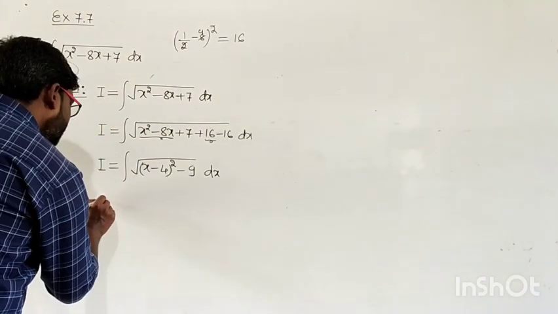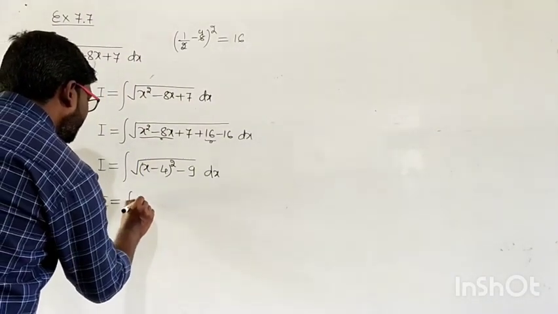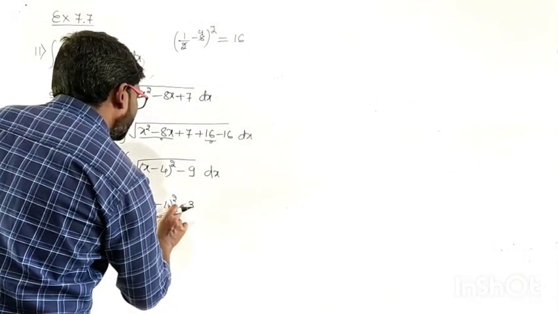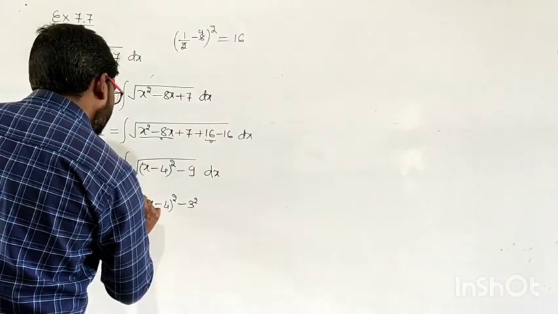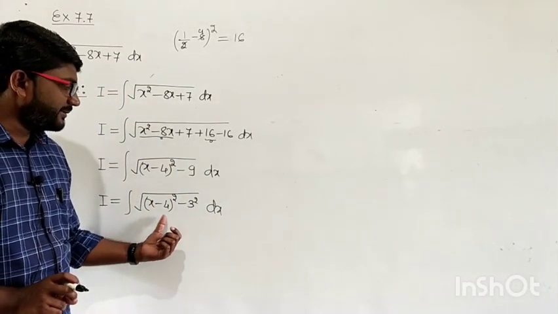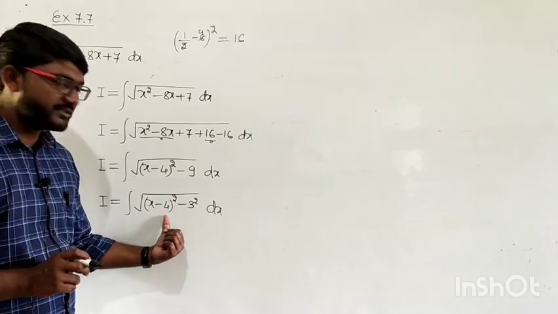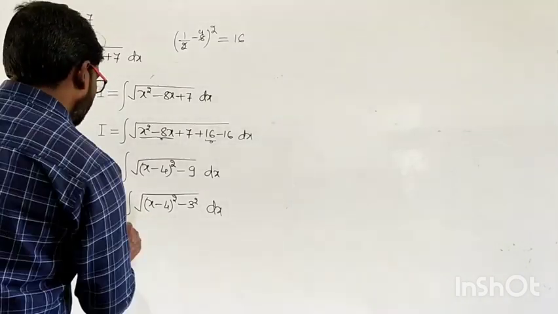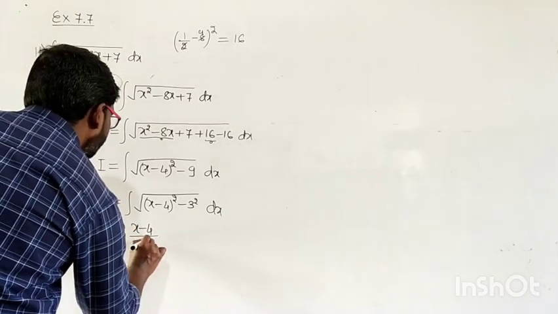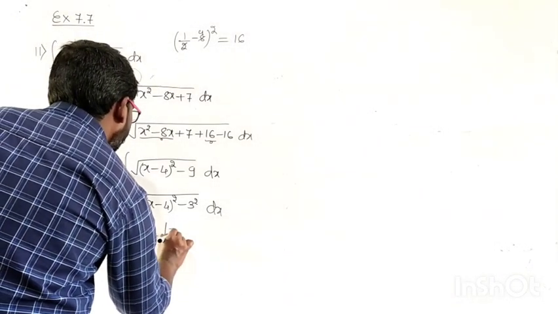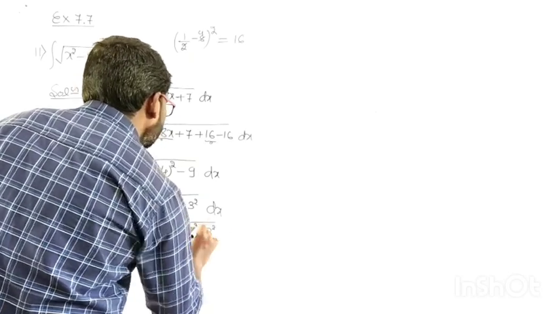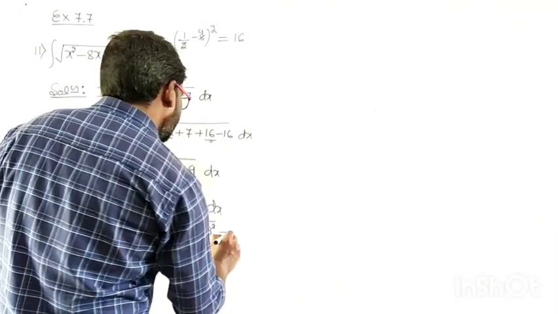So now I is equal to square root of x minus 4 the whole square minus 3 square. Now this is there in the standard form. It is integral x square minus a square. Here x is going to be x minus 4 and value of a will be 3. So let us apply the formula. I is equal to x minus 4 by 2, then square root of x minus 4 the whole square minus 3 square, then minus a square by 2.